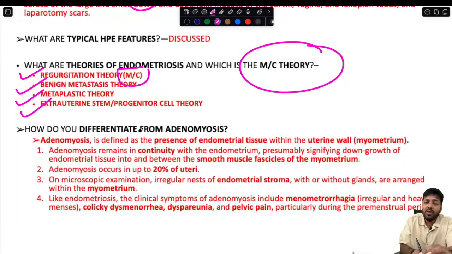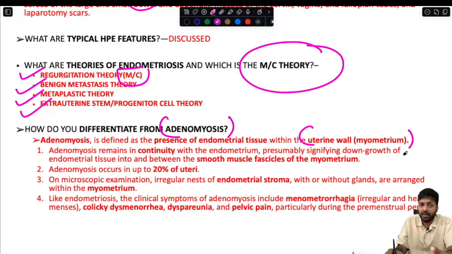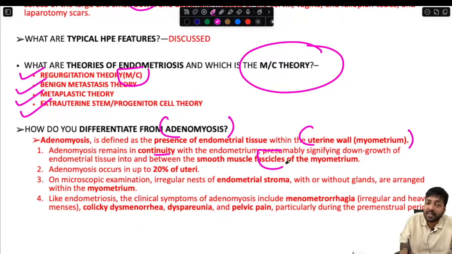Now, how do you differentiate it from adenomyosis? Adenomyosis is defined as the presence of endometrial tissue within the uterine wall, that is within the myometrium. Adenomyosis remains in continuity with the endometrium, presumably signifying downgrowth of endometrial tissue into and between the smooth muscle fascicles of the myometrium. Adenomyosis occurs in up to 20% of uteri.